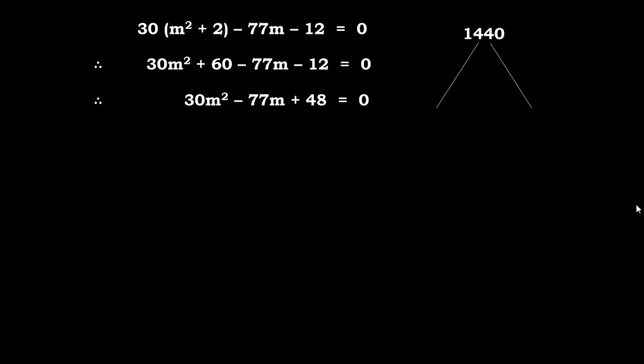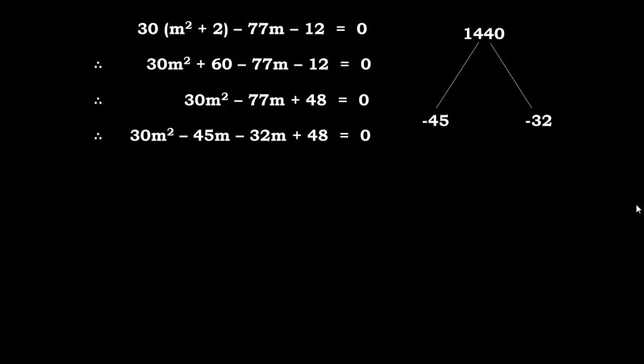The factors of 1440 are 45 and 32. We require minus 77, so minus 45 and minus 32. Now we can split the middle term: 30m square minus 45m minus 32m plus 48 is equal to 0.